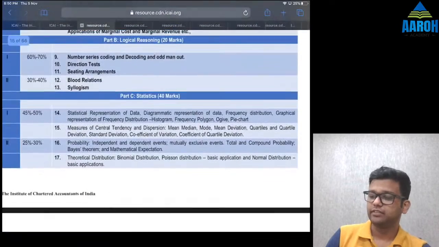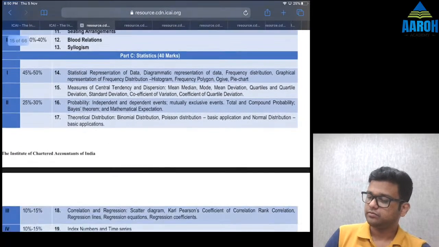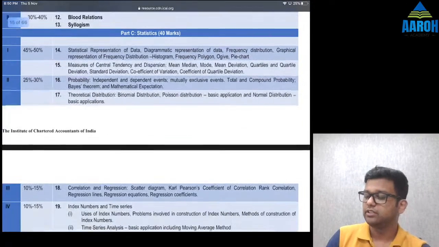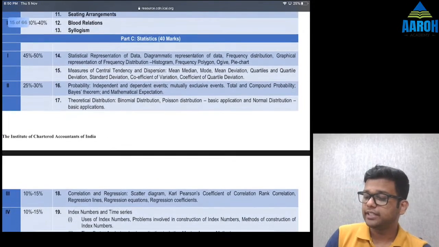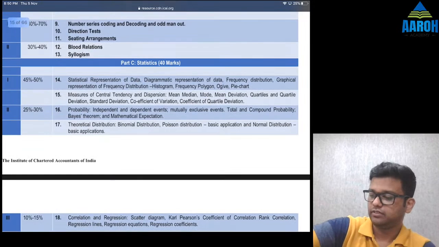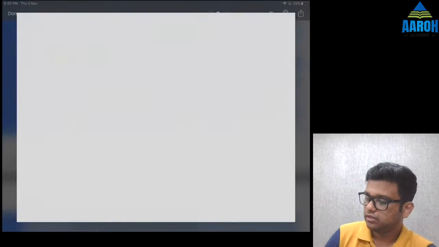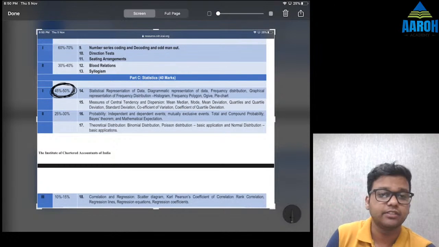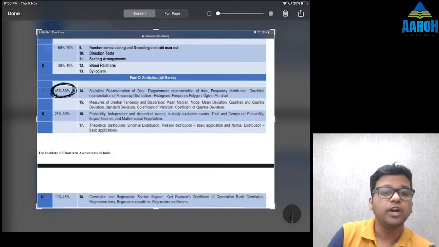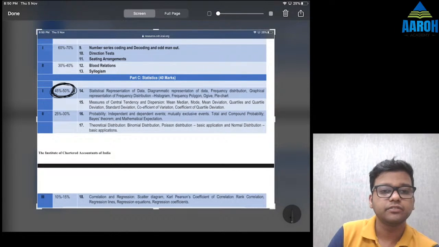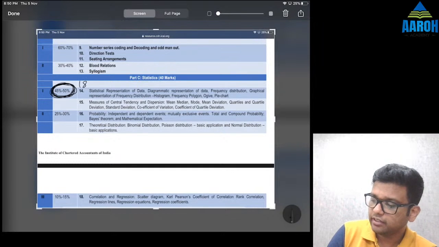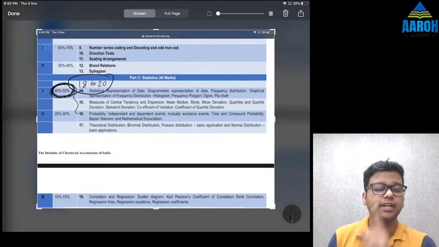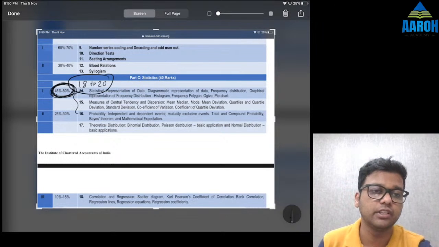Logical reasoning, that is fine. If you see, blood relations and syllogisms have 30 to 40%, so it is again important. Statistics, now this is very important, observe. The first 2 chapters have 45 to 50% weightage, how much is 45% of 40? 18 to 20 marks are only on the first 2 chapters: statistical description and central tendency, dispersion.